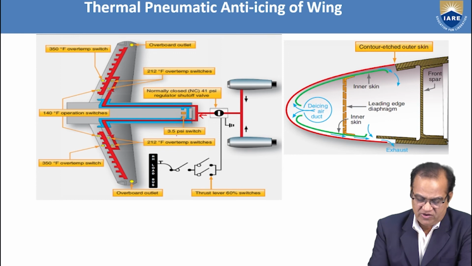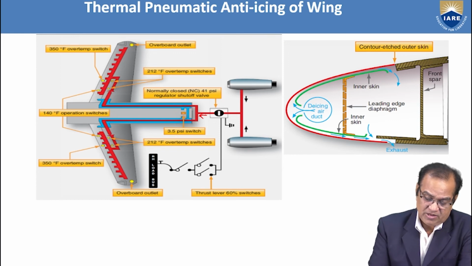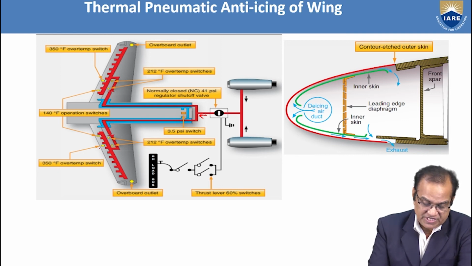Here is a 3.5 psi switch. If the pressure is less, it will turn this on, and from here it will go to this 350 degree Fahrenheit over temperature switch. These are the 140 degree Fahrenheit operation switches.